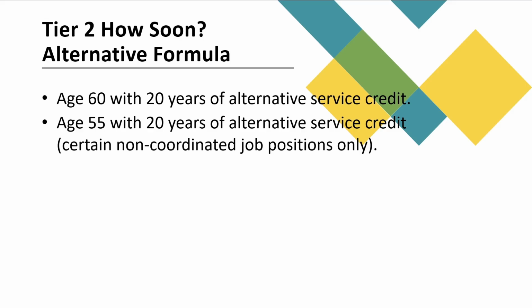Again, for Tier 2 folks, the rules or criteria have changed a little bit. For alternative formula folks, they can retire at age 60 with 20 years of alternative formula service credit on their account, with certain non-coordinated job positions becoming eligible to retire at age 55 with 20 years of alternative formula service credit.